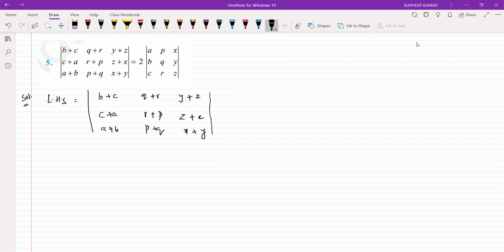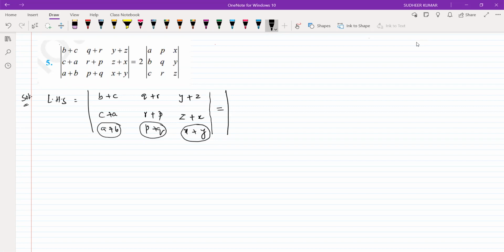So as you said, that also can be done. We can apply R1 minus R2 minus R3, so we can make it as single terms. But instead of that, if we use this property, when each element in any row or column consists of sum of 2 or more terms, the determinant can be expressed as, how can we express it?